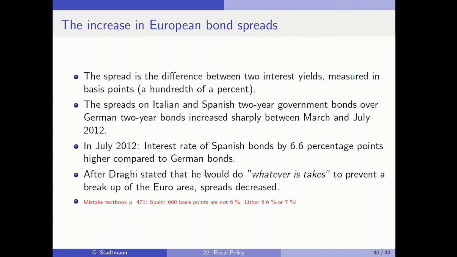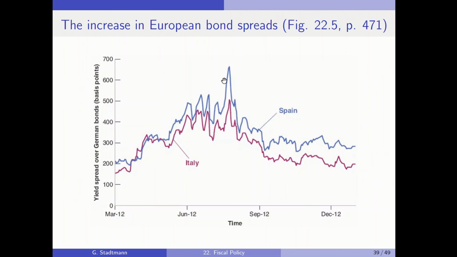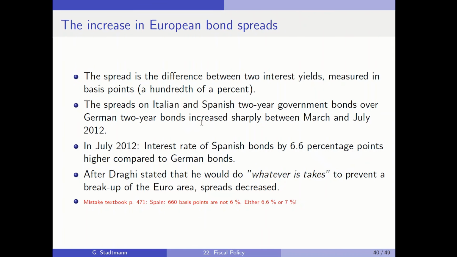So in July 2012, the interest rate of Spanish bonds was by 6.6 percentage points higher compared to German bonds. So the spread was equal to 660 basis points. After Draghi stated that he would do whatever it takes to prevent a breakup of the euro area, the spreads decreased.